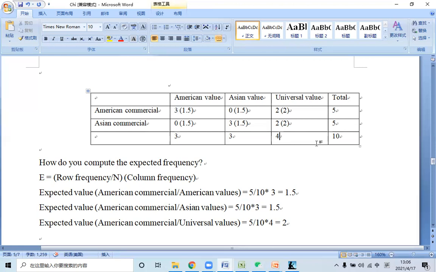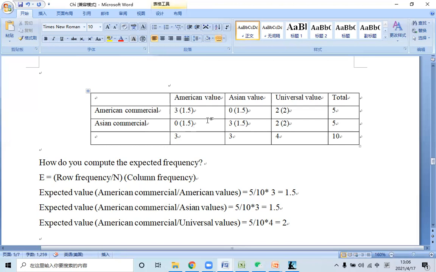In this case, you have the same proportion, 2 and 2. This is your contingency table. You have expected values in the parentheses, and you have observed values outside parentheses.